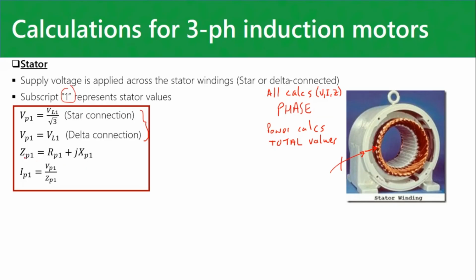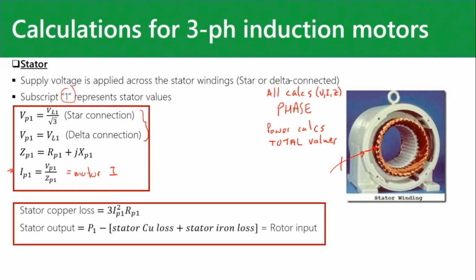ZP is the impedance, which is resistance plus jX; there's no capacitance involved. To get the current in the stator, which is the motor current, because only the stator receives the current, it is VP1 over ZP1.